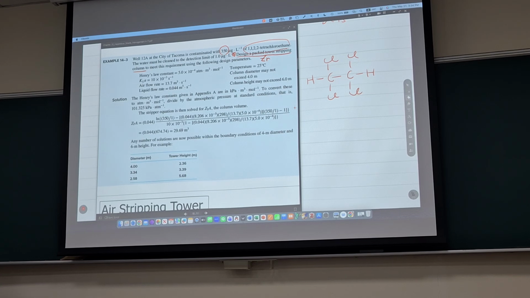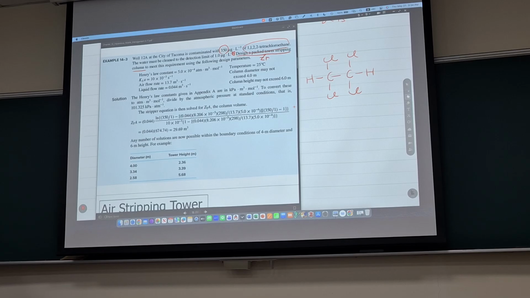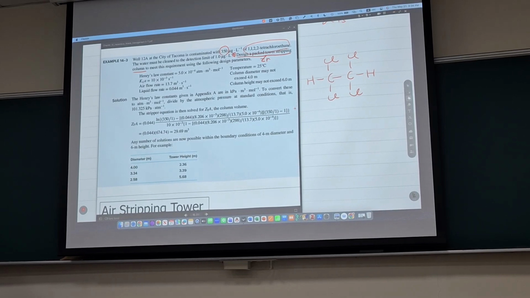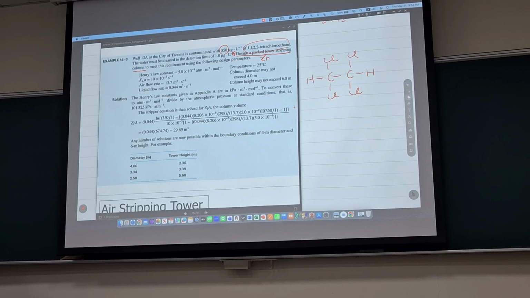Students, 1,1,2,2-tetrachloroethane: tetra means 4, so 4 chloro. And water must be cleaned to the detection limit, 1 microgram per liter.